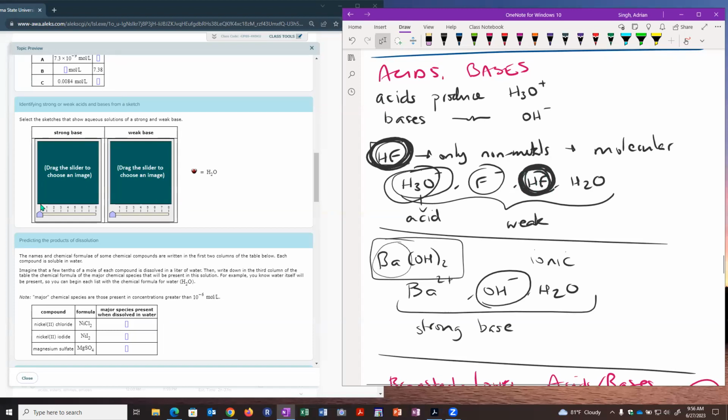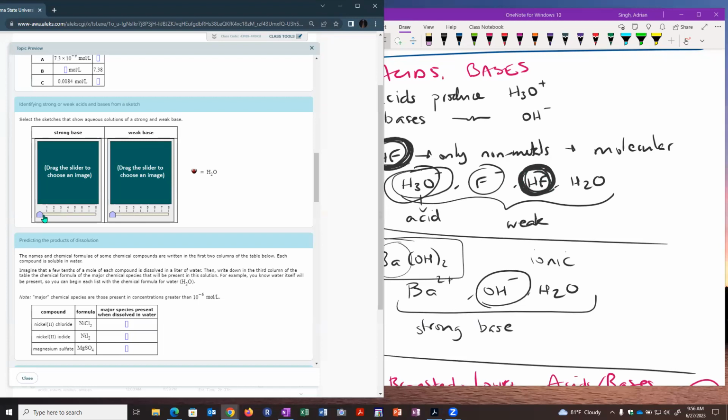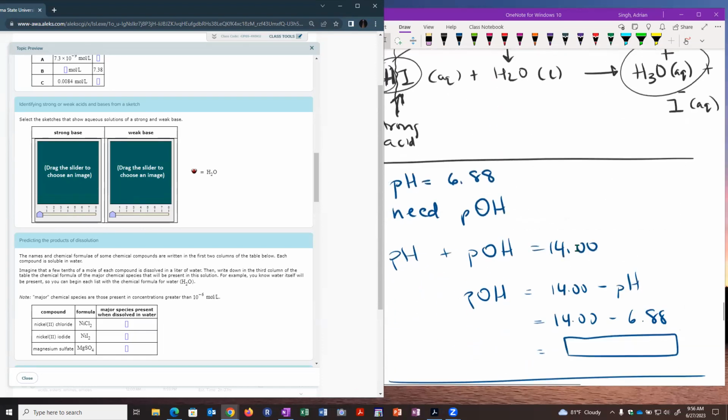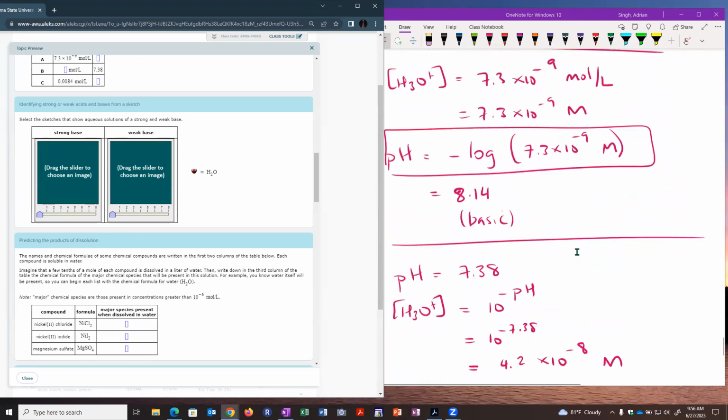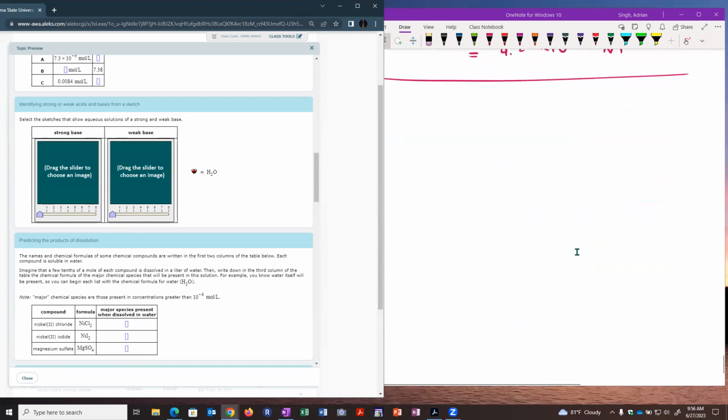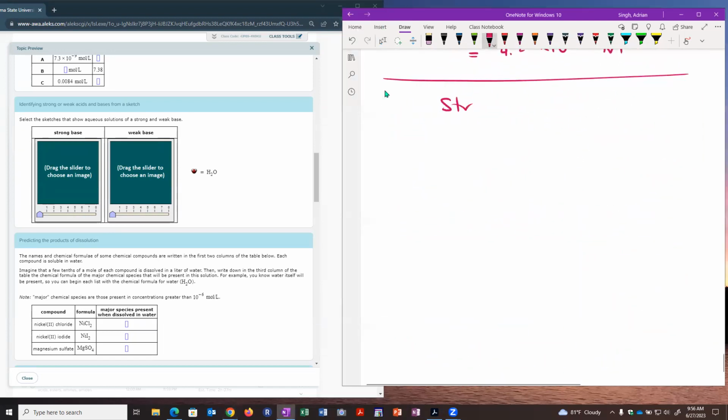So for a strong base, well, you can't see it on mine, but that's what you want to look at to identify whether the sketch is correct or not, right? So if you're dealing with a strong base, this is going to dissociate completely.